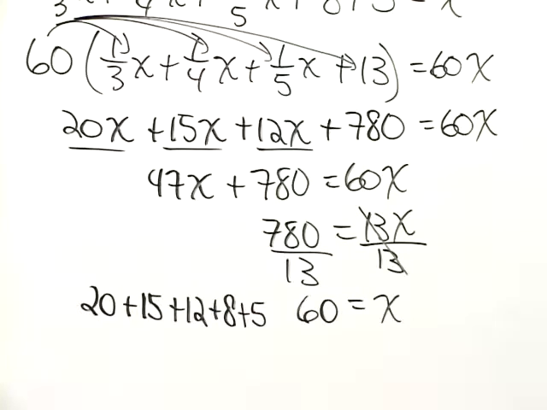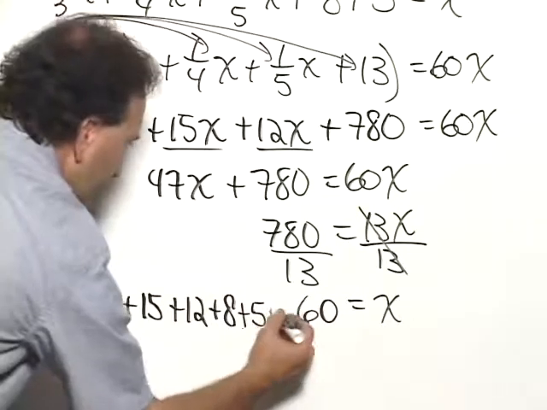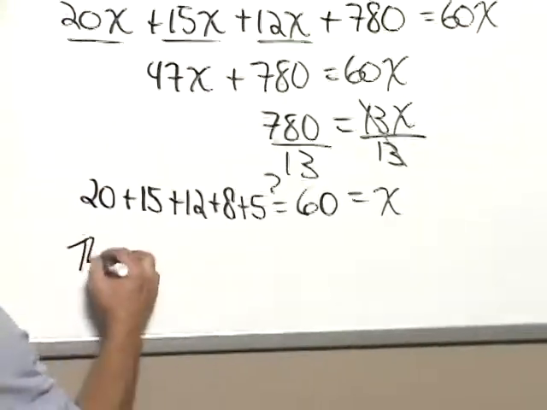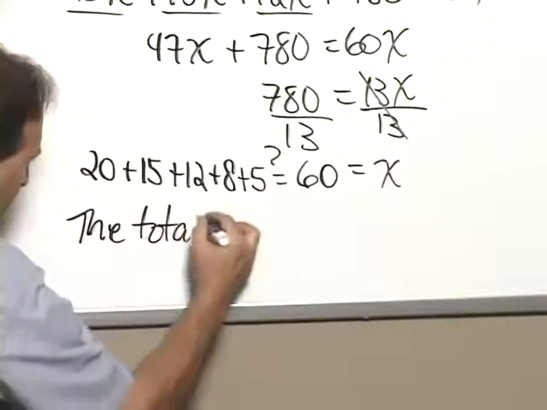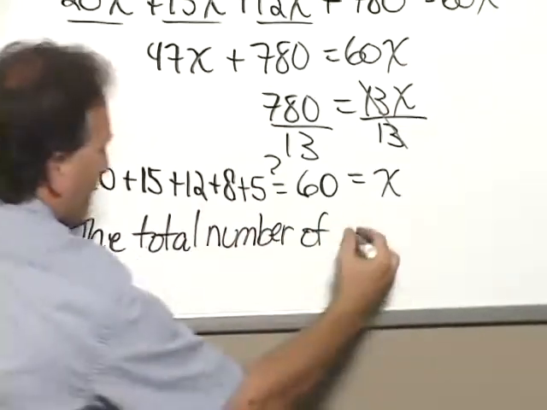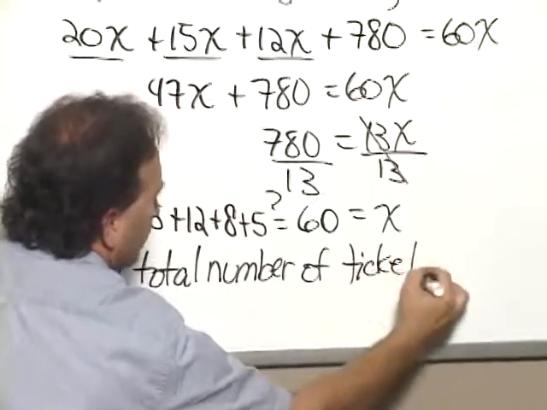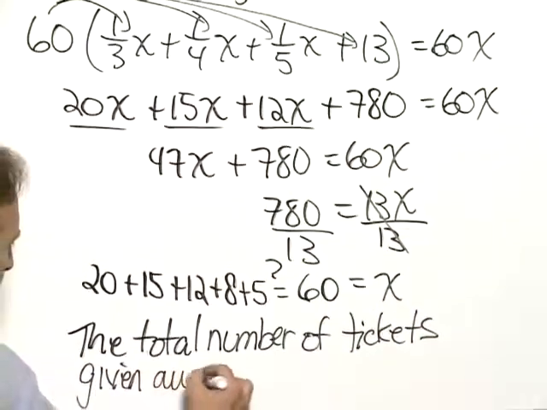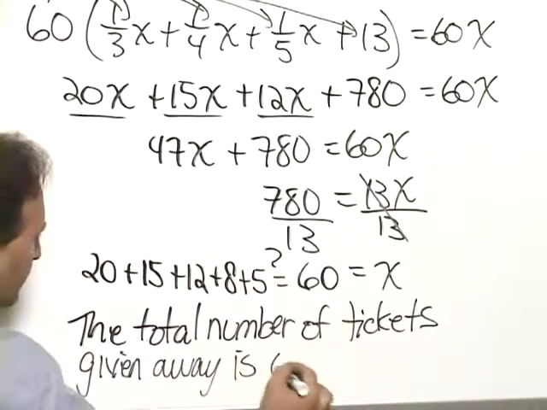What we want to know is, does that add up to 60? And the answer is yes, in fact, it does. So that checks, and that means that the total number of tickets given away is 60.